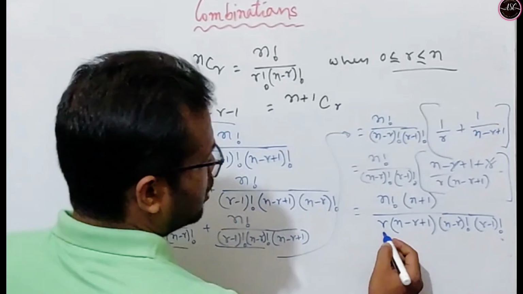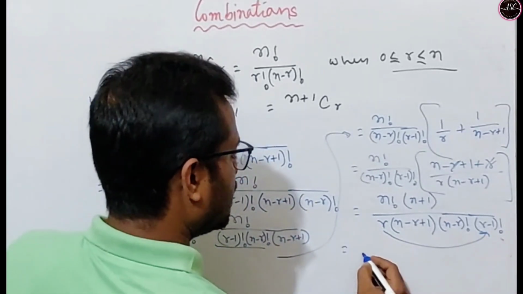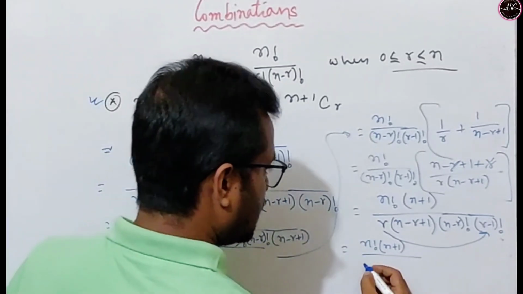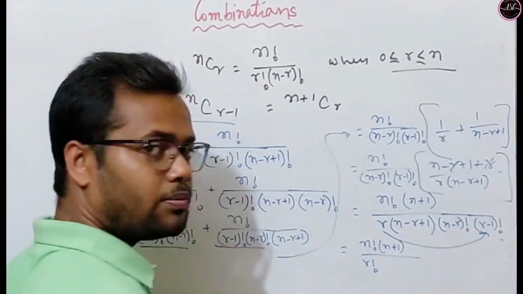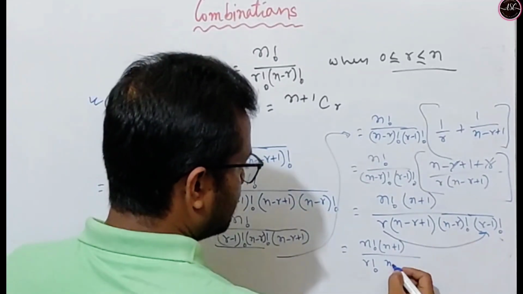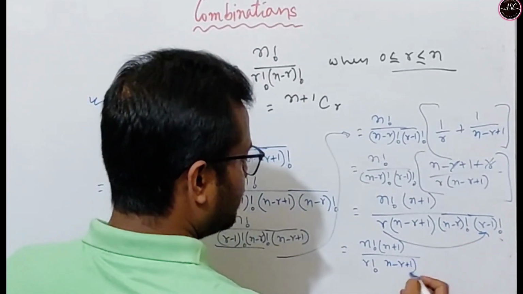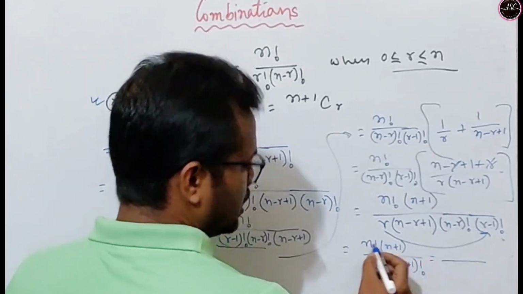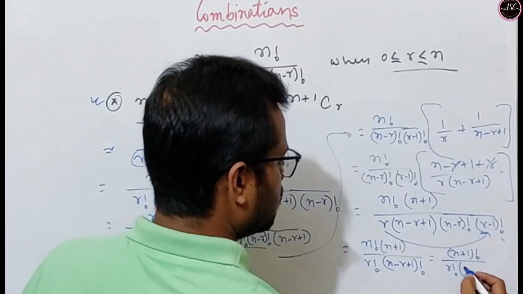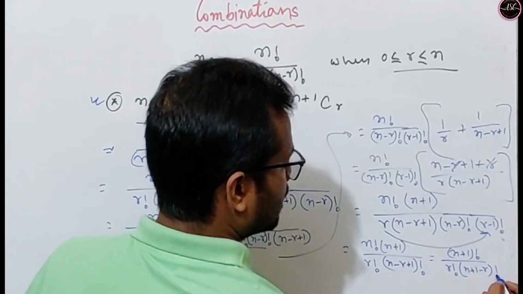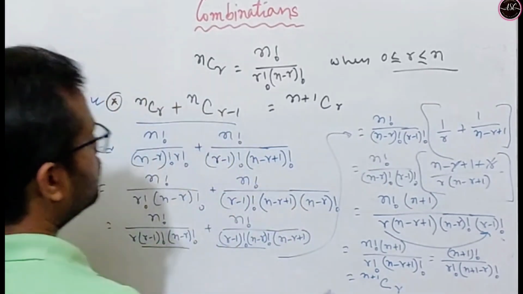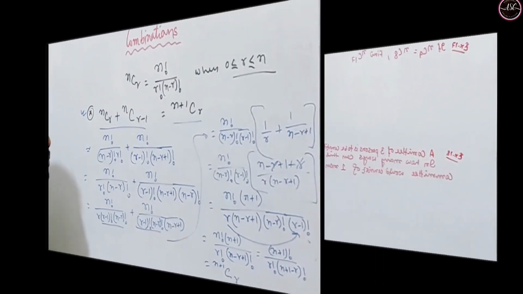So if we take these two, we get n factorial into (n plus 1), that is (n plus 1) factorial, and here this will be r factorial, r into (r minus 1) factorial, and this is the (n minus r plus 1) factorial. This will be (n plus 1) factorial divided by r factorial into (n plus 1 minus r) factorial. This will be the value of (n plus 1)Cr. So we get this.